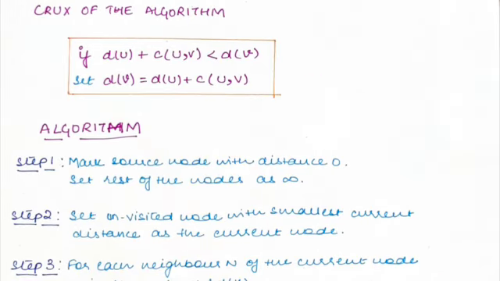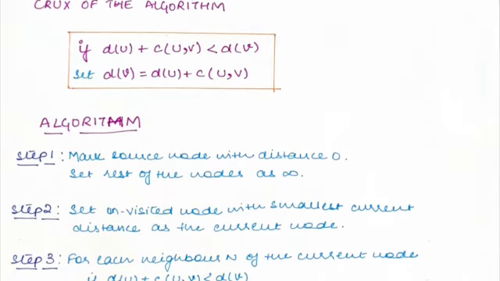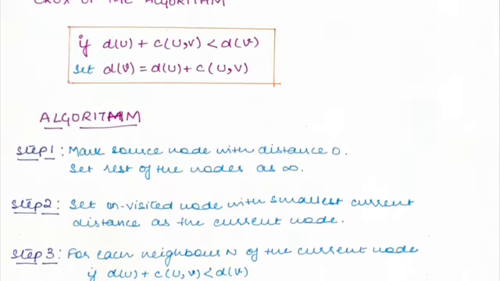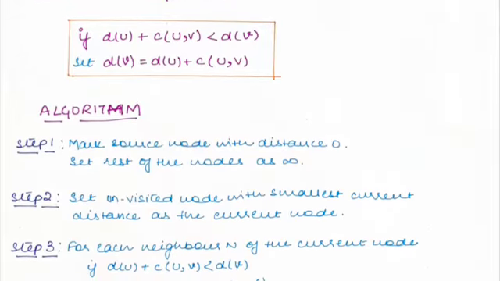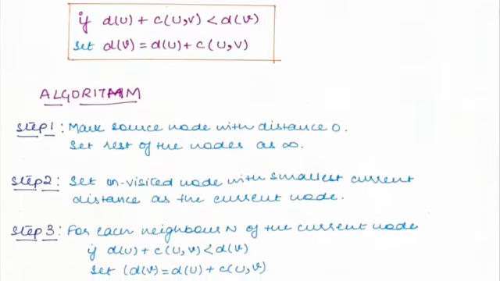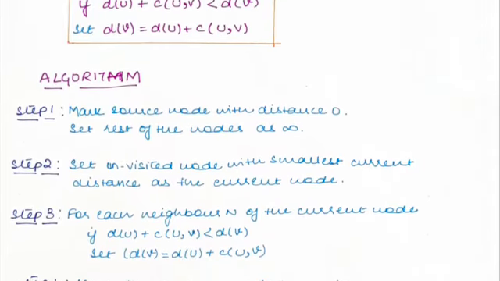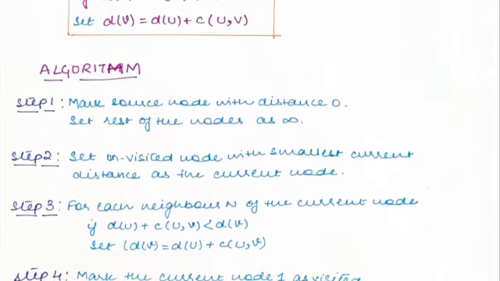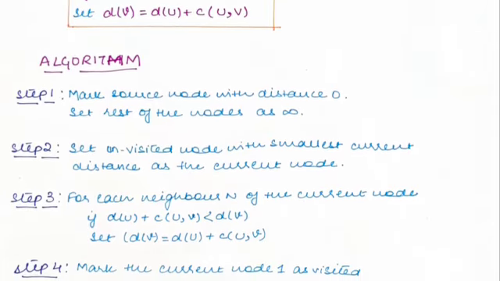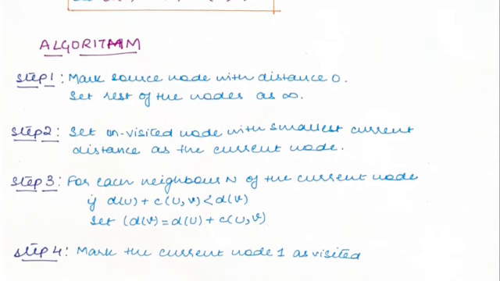First of all, it is important to know that Dijkstra's algorithm can work on both directed and undirected graphs. Given on the screen is the Dijkstra's algorithm through which we will be able to solve problems. To sum it up, the algorithm maintains a set of visited vertices and a set of unvisited vertices. It starts at the source vertex and iteratively selects the unvisited vertex with the smallest tentative distance from the source.